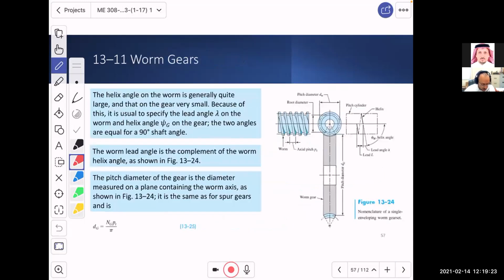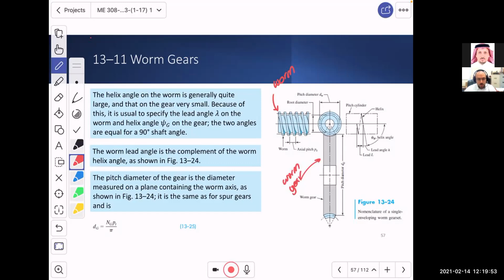Now, the next part that we would like to talk about is the worm gear. Now, worm gear, if you recall, we have this which is called the worm, and the other one, which is the gear. The worm is the smaller one, and then the bigger one is called the worm gear.